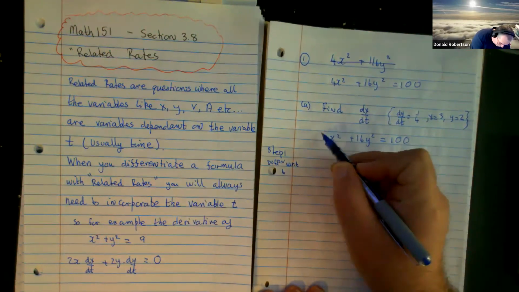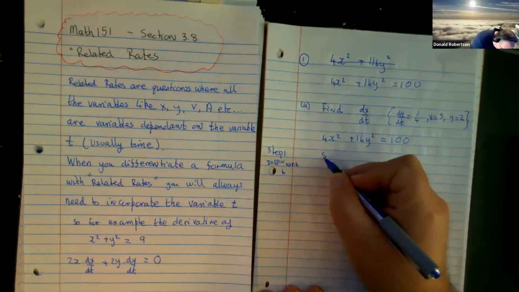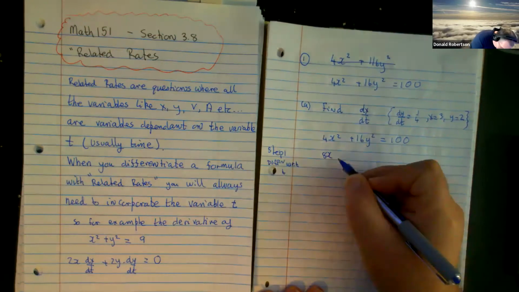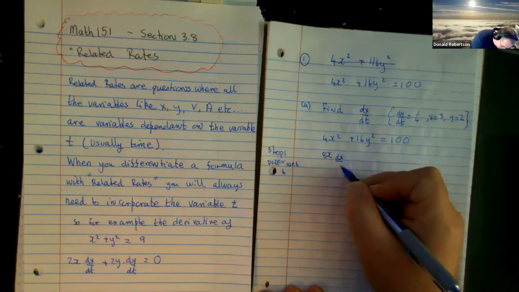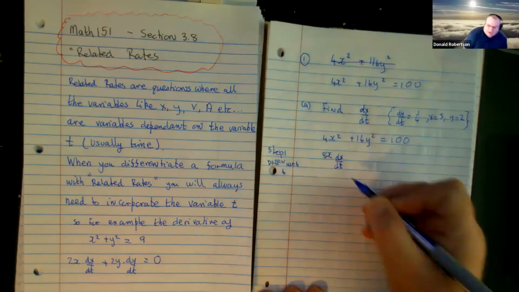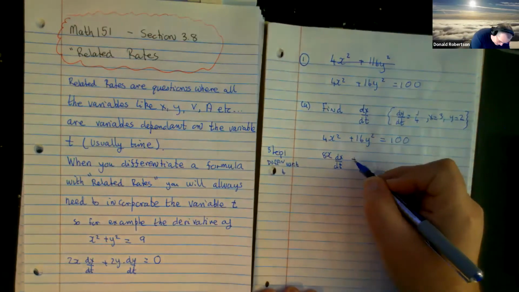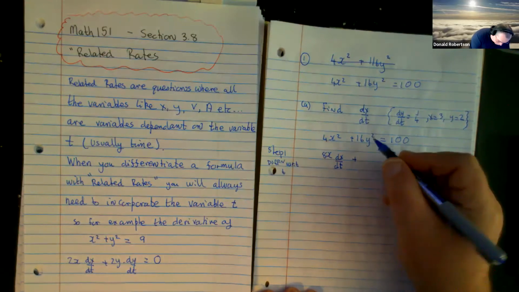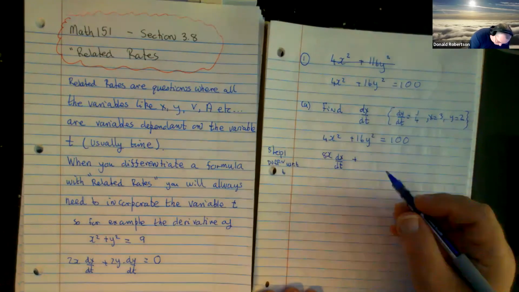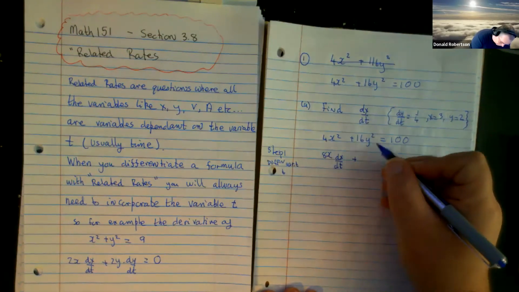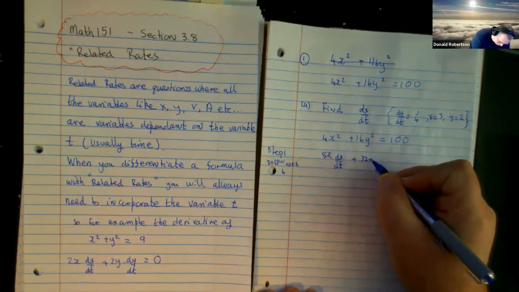If you differentiate 4x squared, normally you get 8x. But in these questions, you also get an extra dx by dt, because x is a function of time. And if you differentiate 16y squared, you treat it the same way you would treat 4x squared. You multiply by the power, and you reduce it by 1.